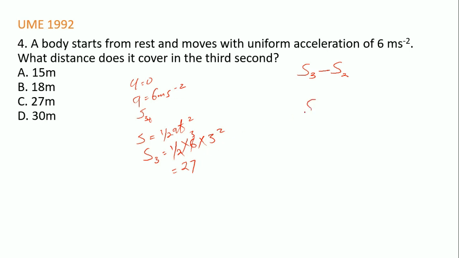And for T sub 2, that is going to be 1/2 times 6 times 2 square, which will be 3 times 4, and that will be equal to 12. So 27 minus 12 will be equal to 15. So that will be 15 meters, which is option A.